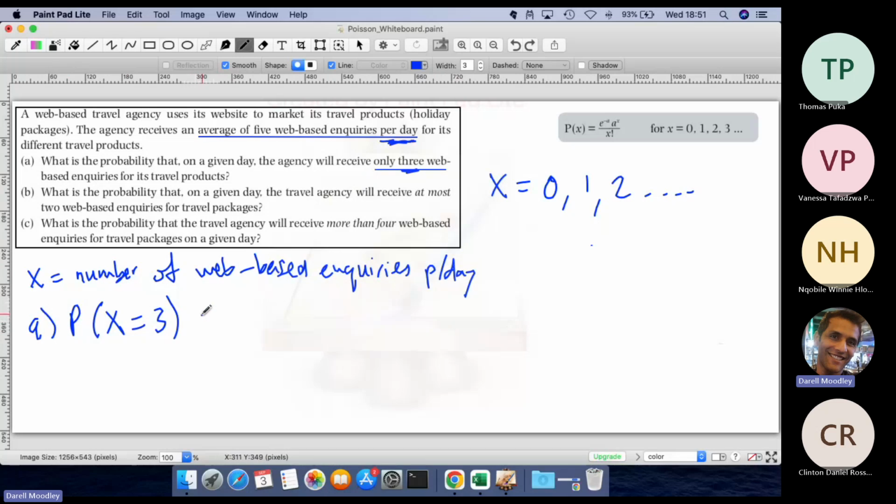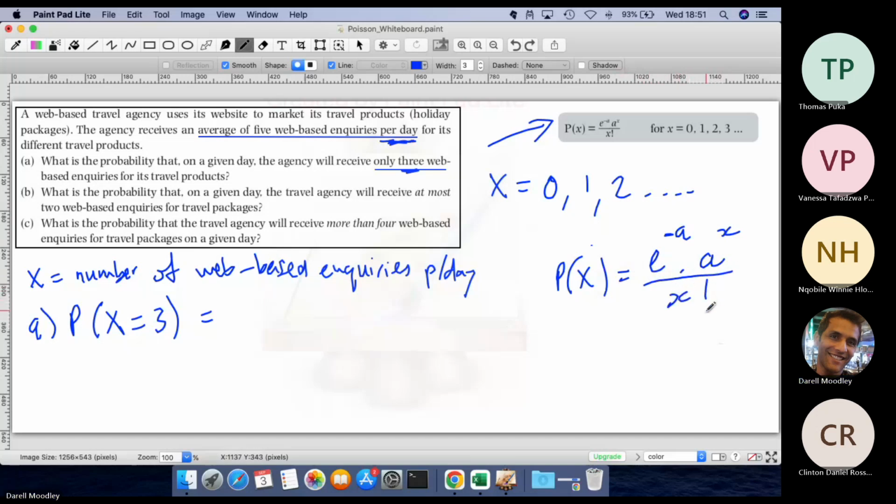Now for the Poisson distribution, you are going to use this formula instead, which is probability of X equals e to the minus a, and I'll explain what these symbols are in a second, times a to the x all over x factorial. You'll see this symbol e.